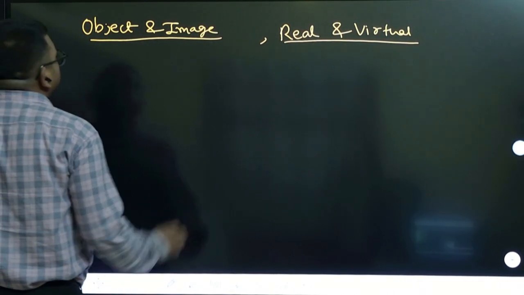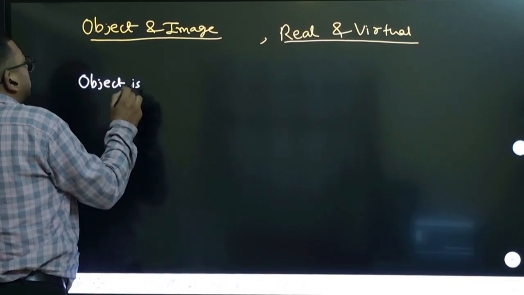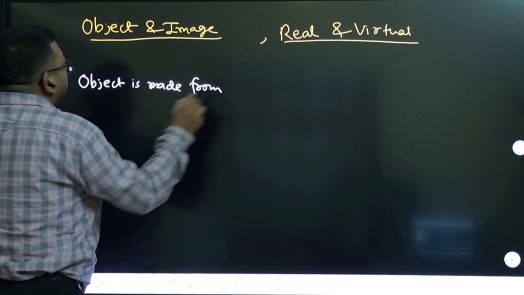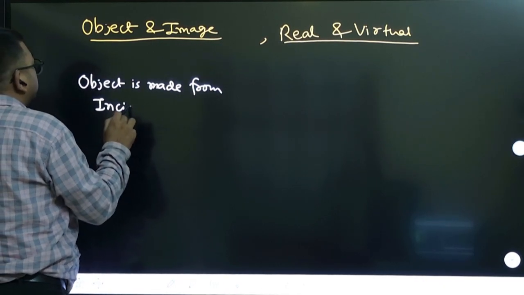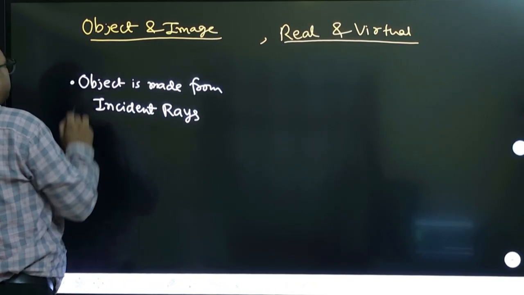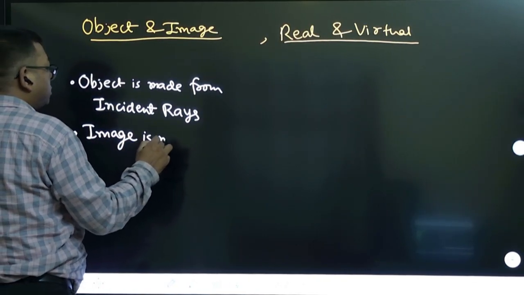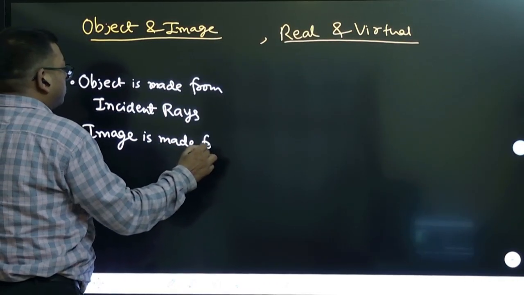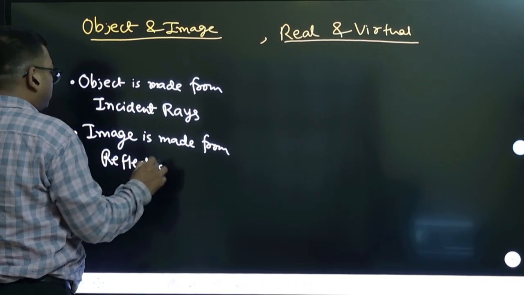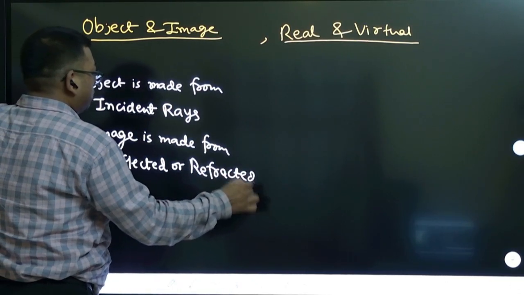So try to understand what an object means. An object is made from incident rays. What is an image? An image is made from reflected or refracted rays.